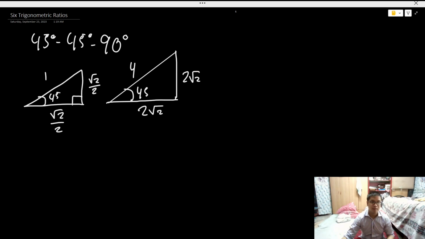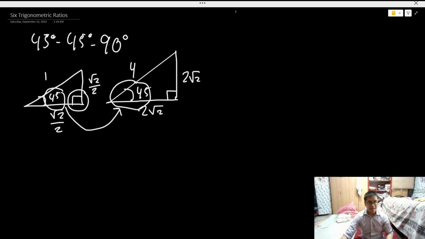So the same angles. How would you know if two shapes are similar to each other? Well, first and foremost, they have the same interior angles. If we have 45 degrees here, then its corresponding angle is also 45 degrees. If we have a right angle here, then the corresponding angle is also a right angle.